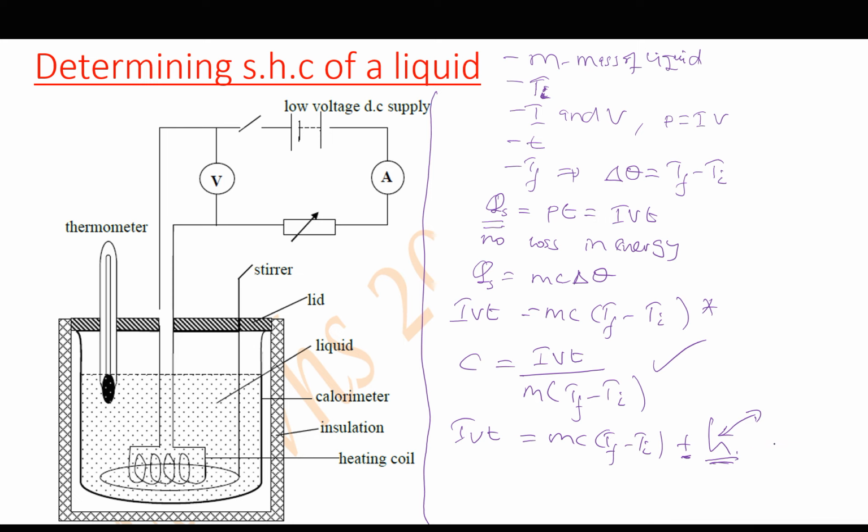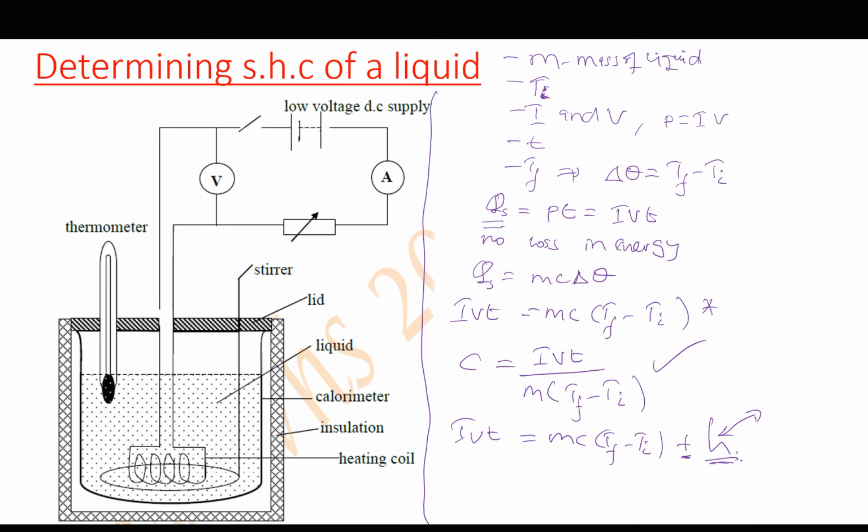If thermal insulation cannot be relied on, and heat loss to the surrounding is not avoidable, then we can always write IVT equals that plus or minus H, where H is used to represent thermal exchange with the surrounding, or the amount of heat absorbed from or lost to the surrounding.